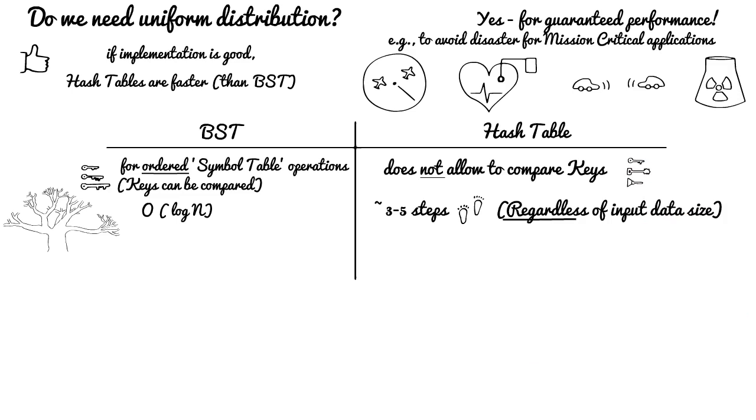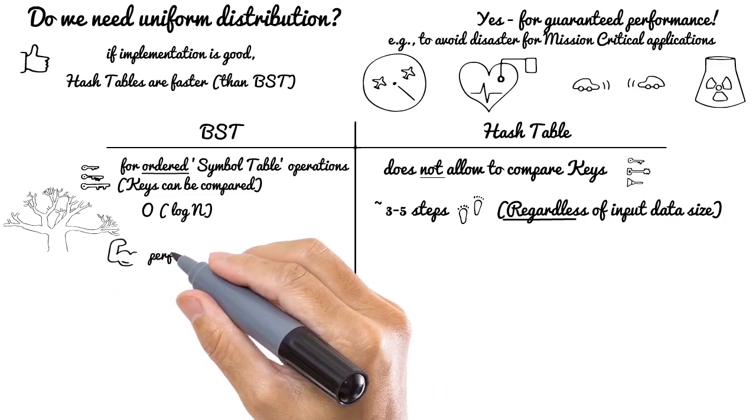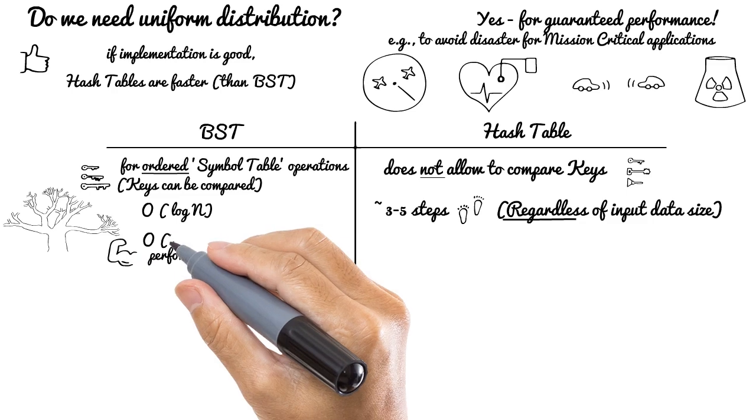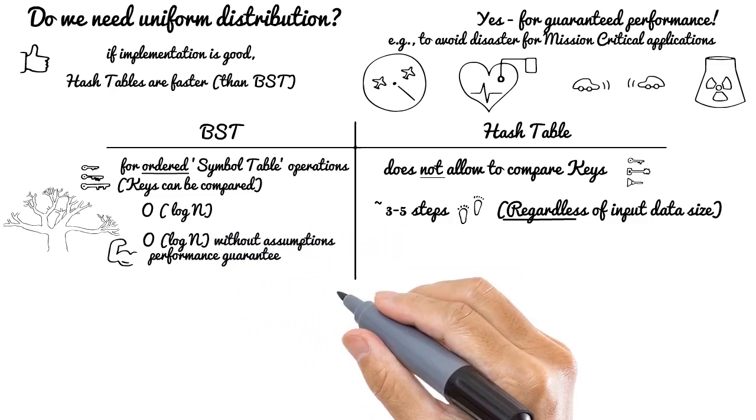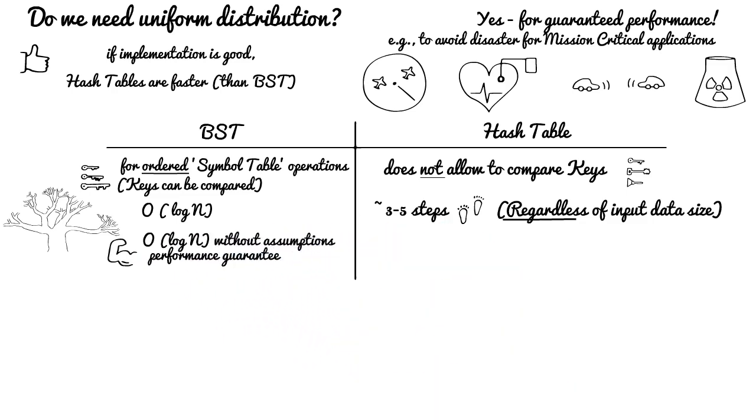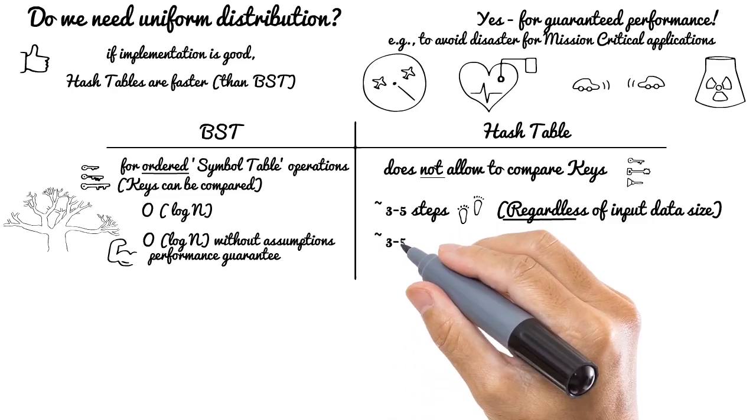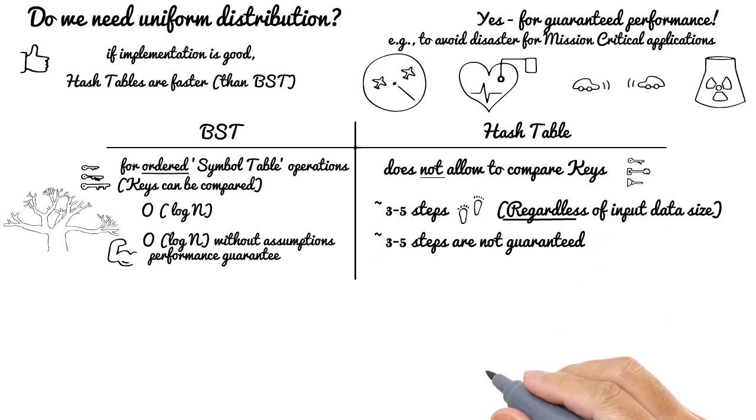A balanced search tree has a stronger performance guarantee, logarithmic without any assumptions. A hash table is generally faster for simple keys, so we have just a few arithmetic operations instead of log n compares for a tree. But the average 3-5 steps are not guaranteed. In the worst case, even for uniform hashing distribution, it may be a log n order of growth.